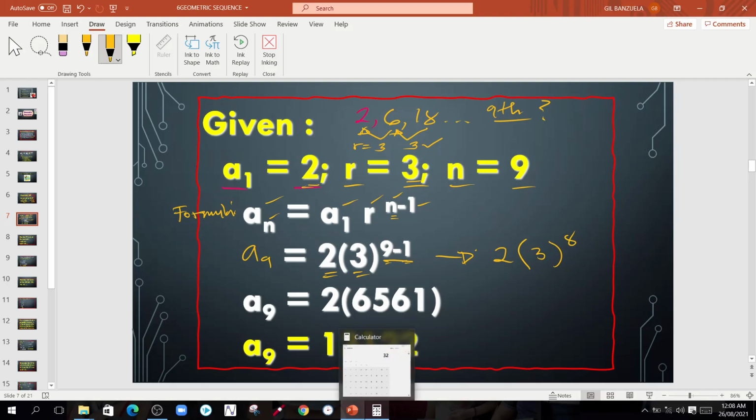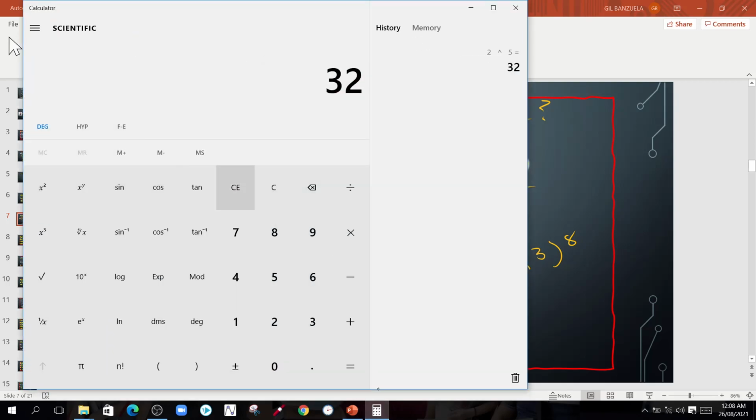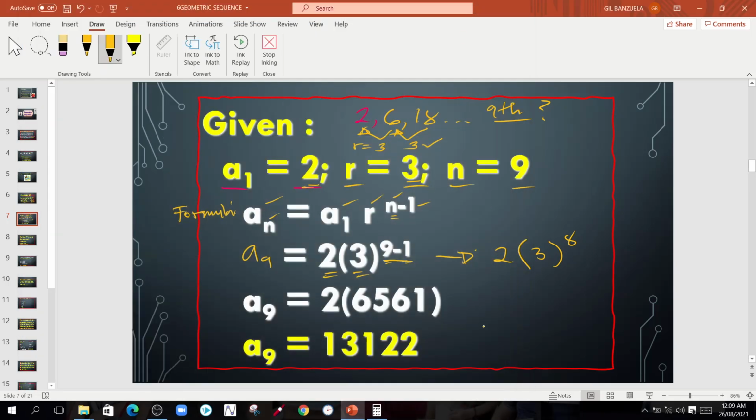Pero if not, pwede tayong gumamit ng calculator. So press nyo lang yung 3, scientific calculator, yung exponent natin, then raised to 8. Then that is equal to 6,561.